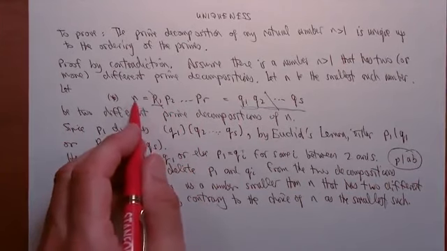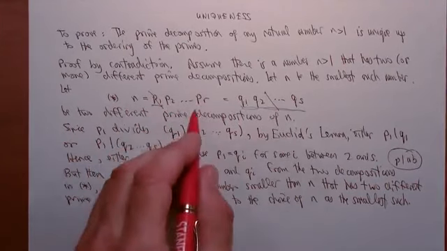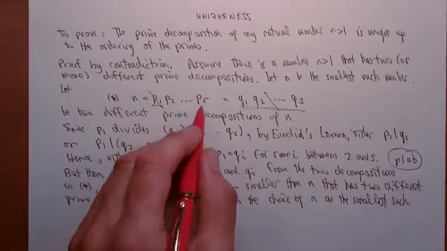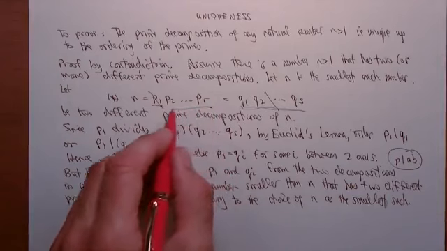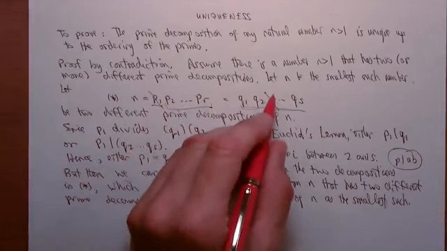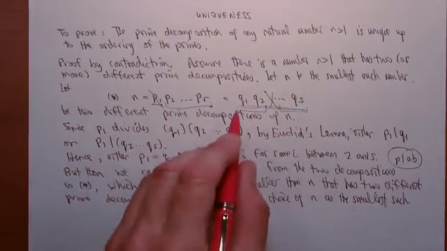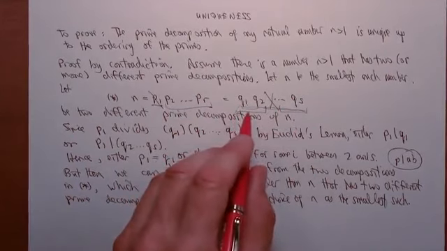So I get a number smaller than n that has two different prime decompositions. The number smaller than n will be p2 times ... times pr, though, so that will be the number smaller than n. And I've deleted a number from here, and what's left is the prime decomposition here.